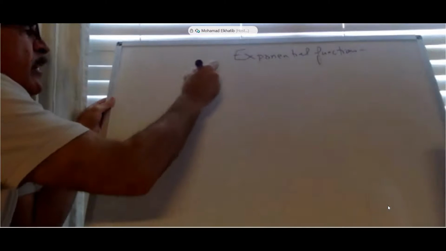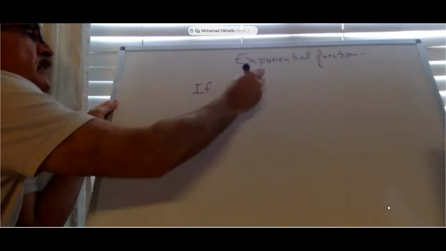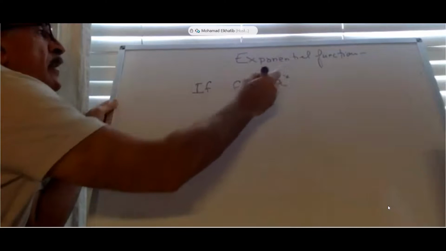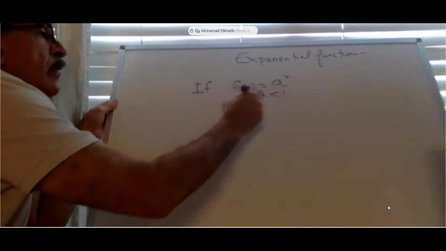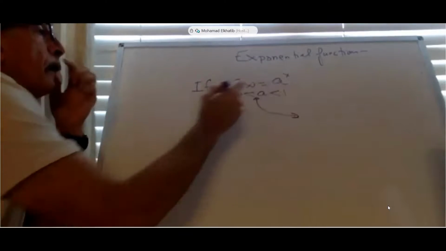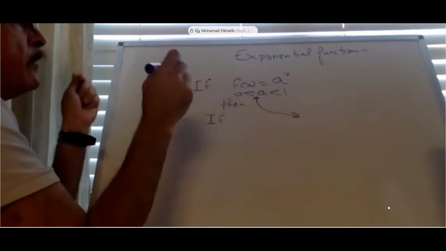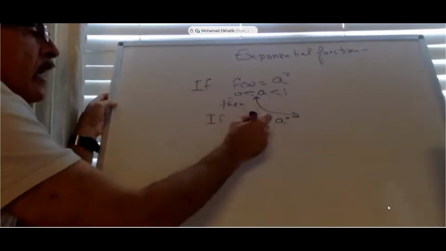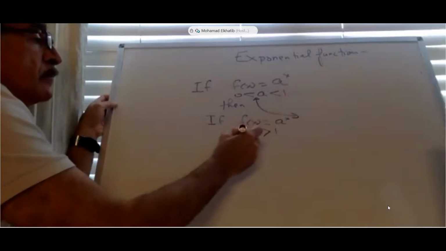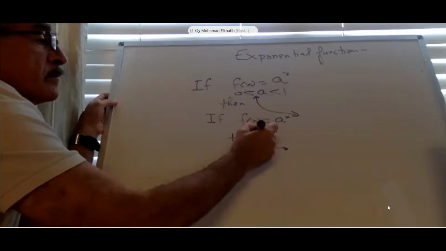If f of x equals a to the power x, and a is between 0 and 1, then the graph is going to look like this. If f of x equals a to the power x and a is larger than 1, then the graph looks like this.